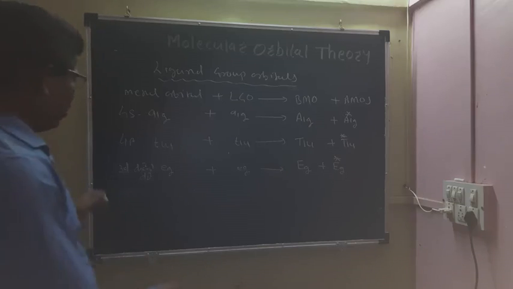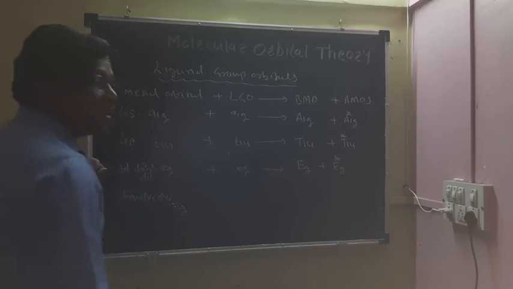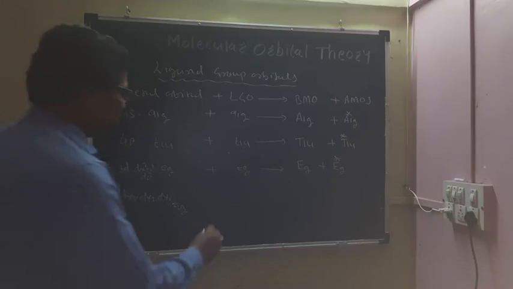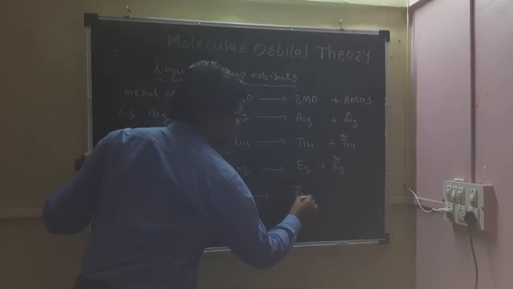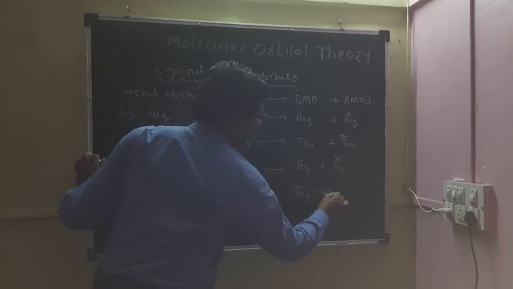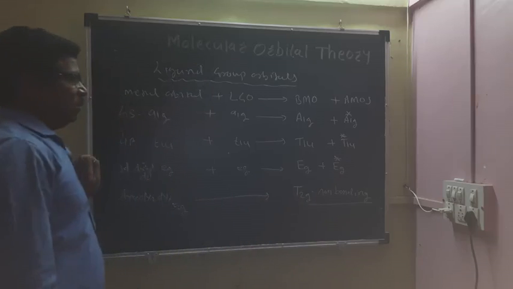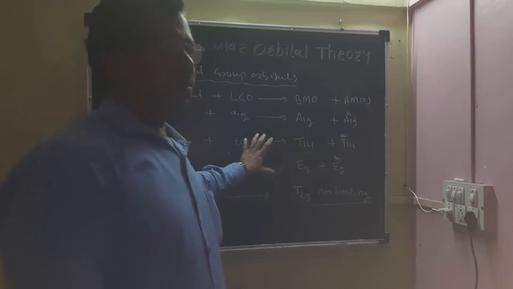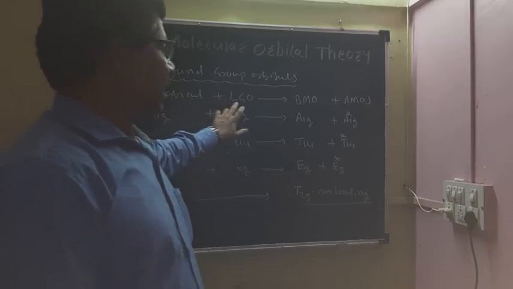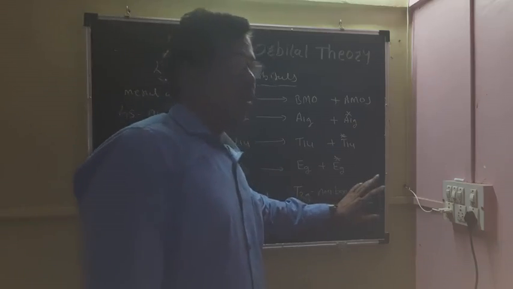The remaining 3 orbitals, dxy, dxz and dyz, are known as t2g orbitals, and these t2g orbitals act as non-bonding orbitals. You remember this chart, the linear combination of atomic orbitals of the central metal and ligand group orbitals.